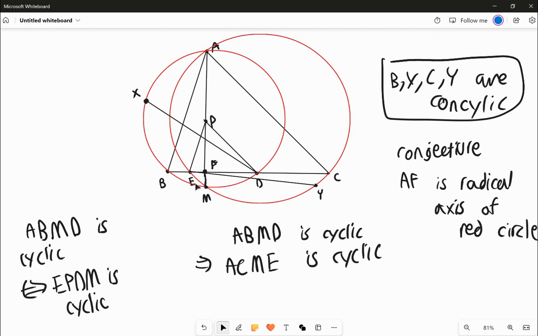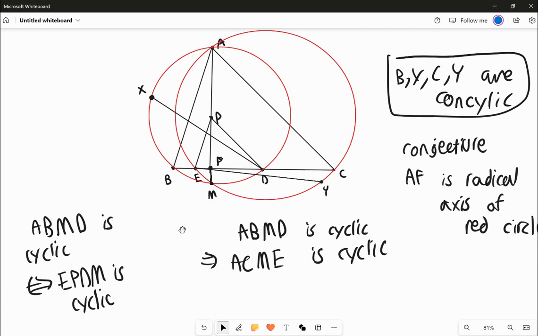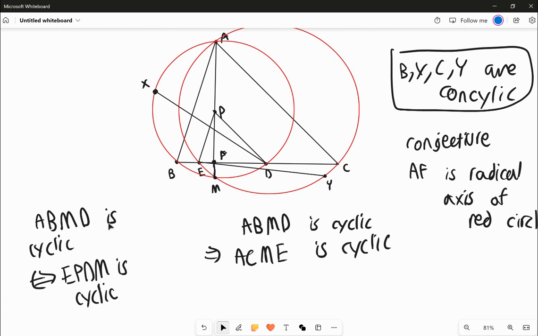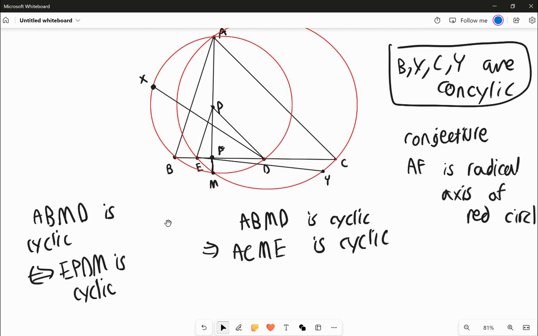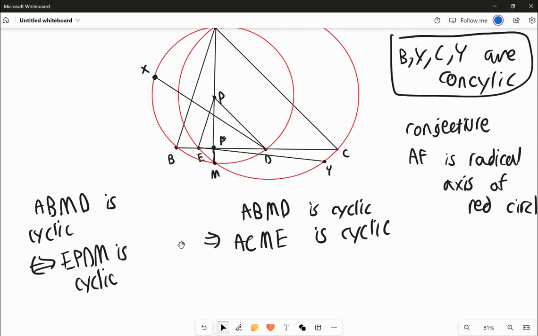We can say that BAM, because we're having a point M on both circles, so might as well use something related to M. So we have directed angle ABM is equal to directed angle EPM is equal to directed angle EDM, assuming the cyclic quadrilaterals.